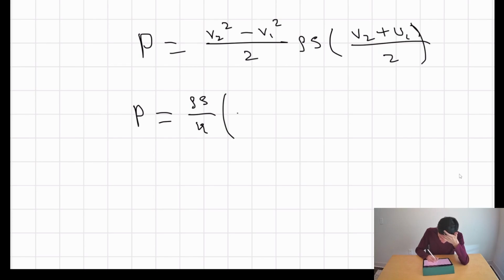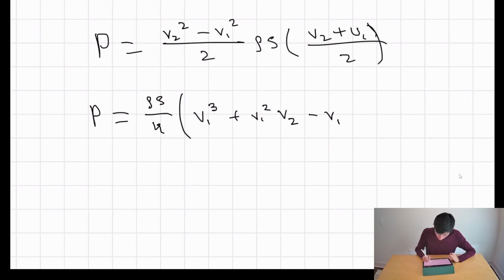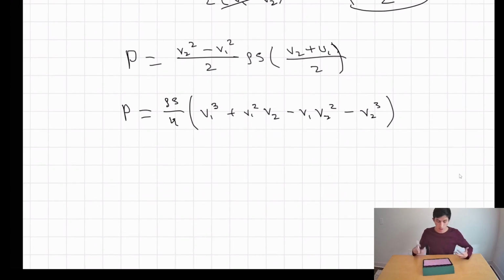So we're going to have velocity 1 cubed plus velocity 1 squared velocity 2, minus velocity 1 velocity 2 squared, and minus velocity 2 cubed, right? So that's the expression we're going to have for the power.